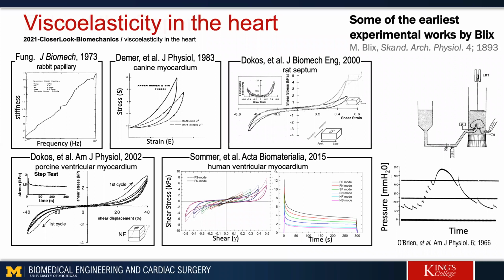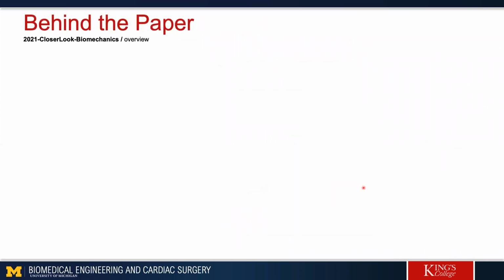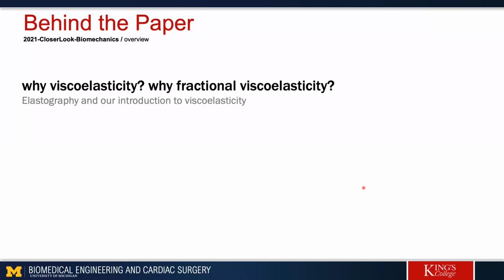What I want to do actually is to give a little bit of a story behind this paper, where we came from with this. Our interest in viscoelasticity stemmed from our engagement with imaging, particularly elastography. And that's how we got interested in this idea of fractional viscoelasticity, which I'll talk a little bit more about later.